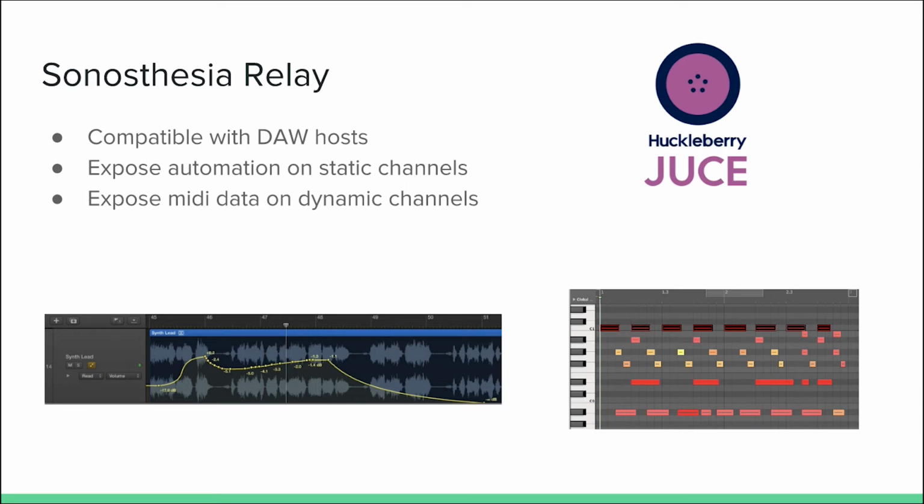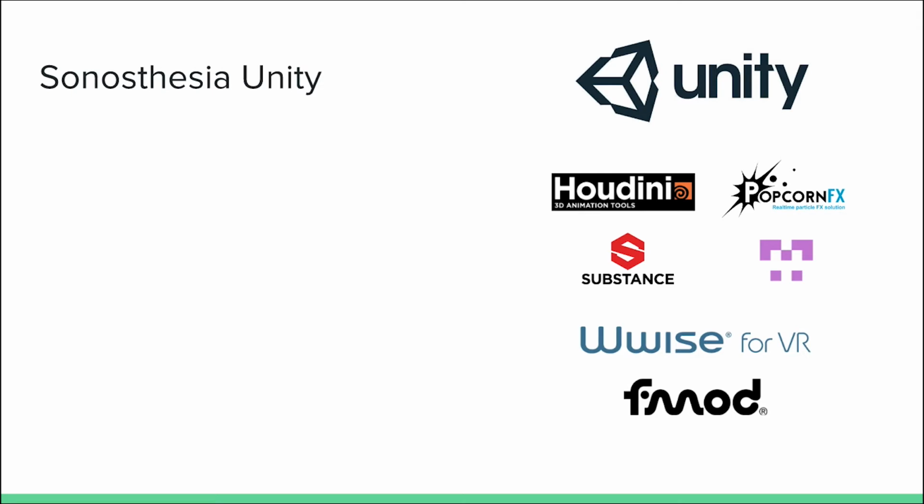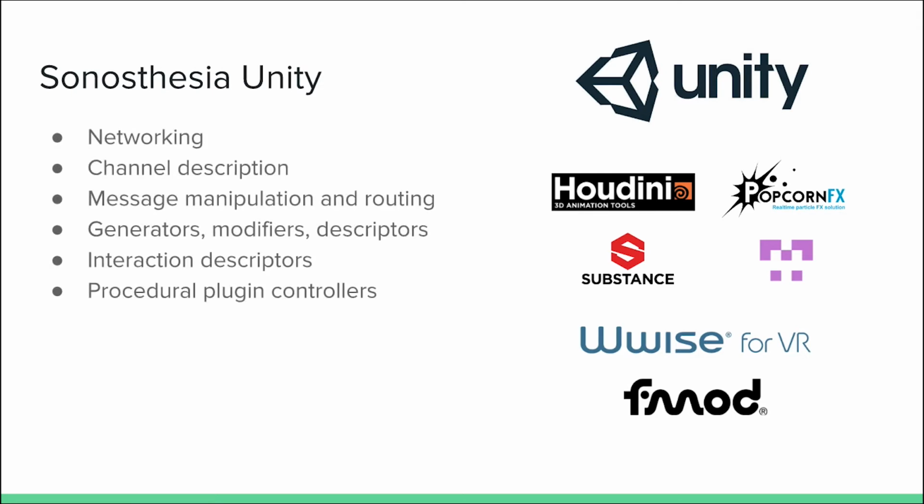Then there's the Unity project, which has a core element, which implements the networking with the hub and packages messages for the network, and allows the programmer to expose input and output channels as game objects in the scene, and then allows any other game objects to subscribe to input channels or to send messages through the output channels.